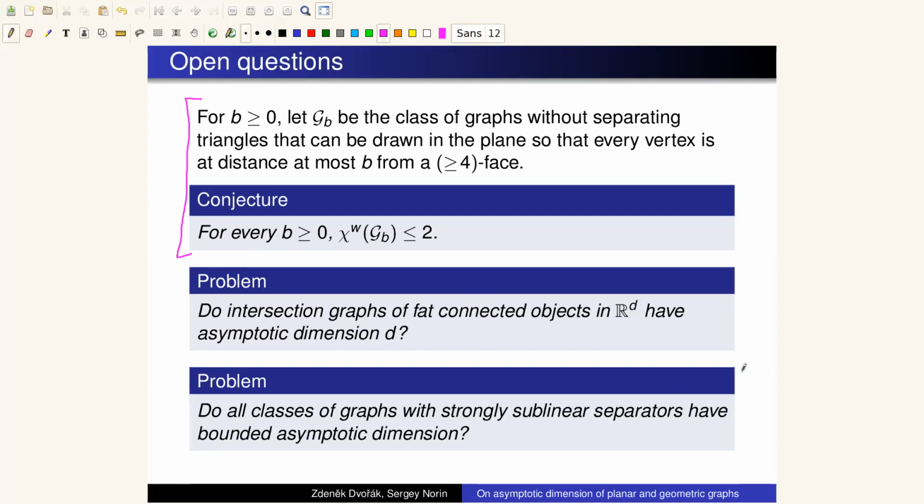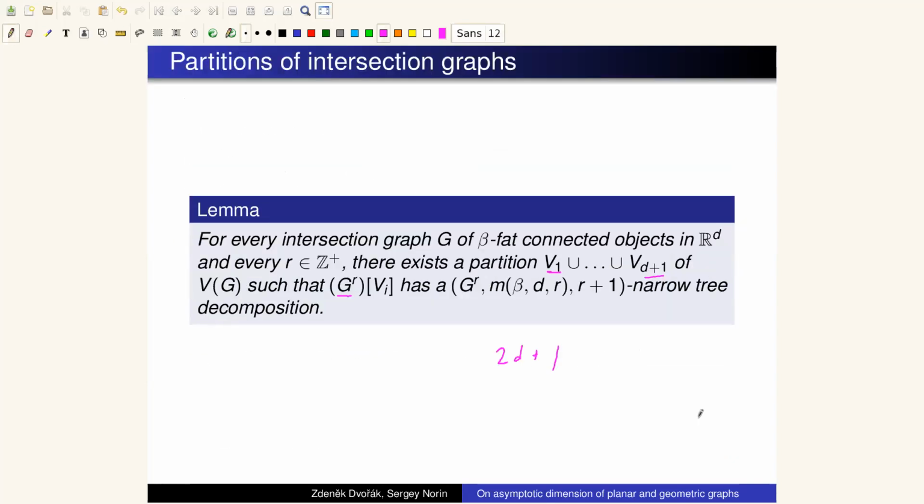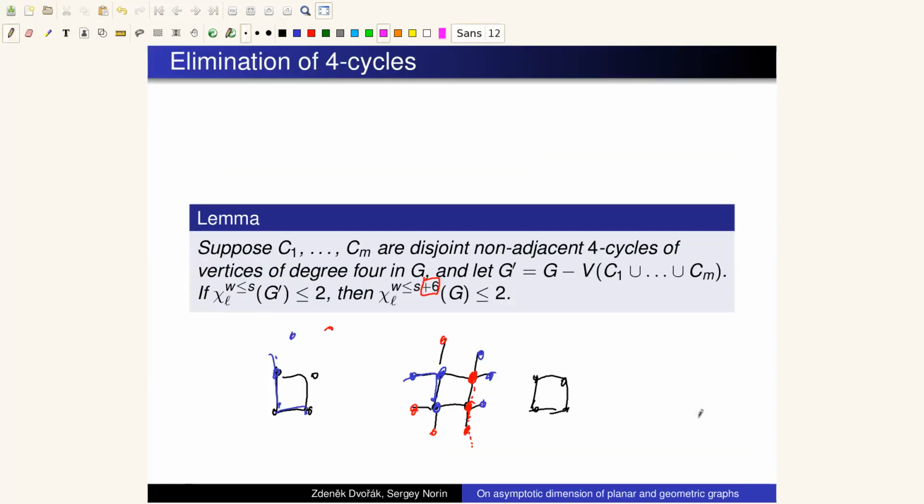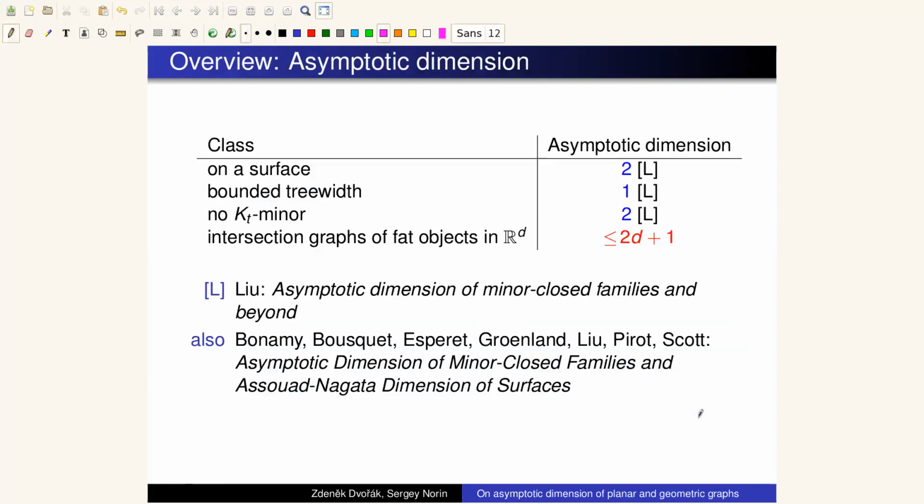And let me mention one last problem, which is actually from a paper by Chun-Hung, and then another paper by a larger group of authors, and they made a joint paper where they have a lot of further interesting results.